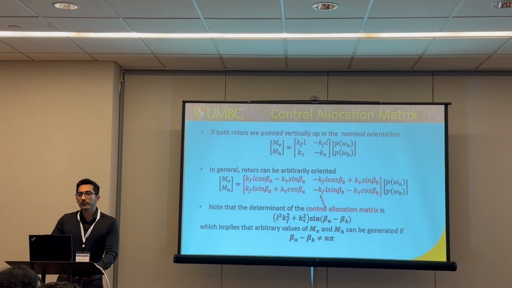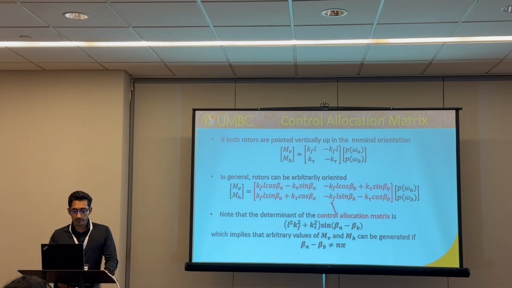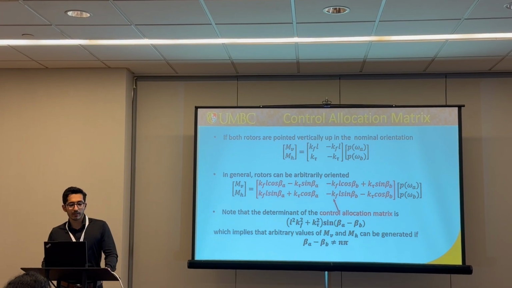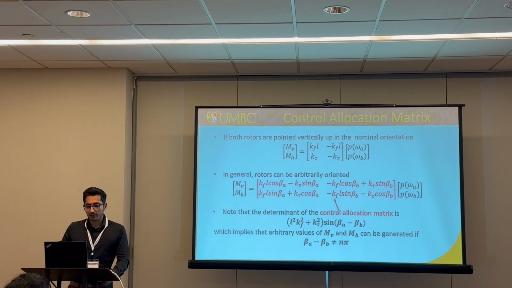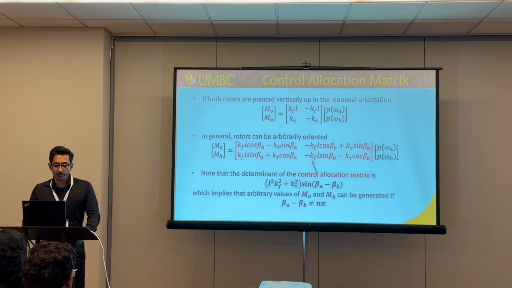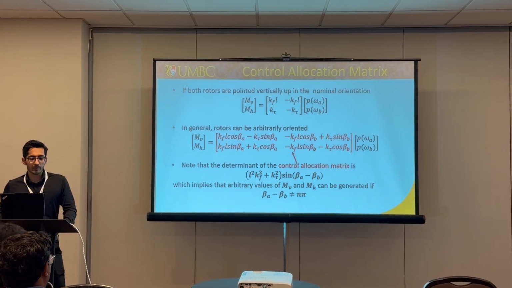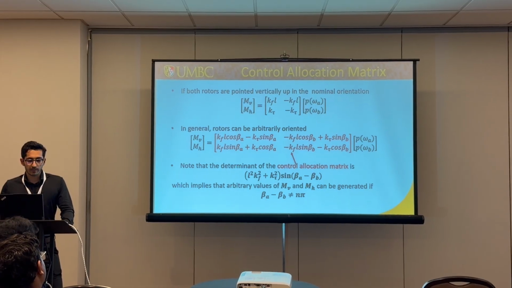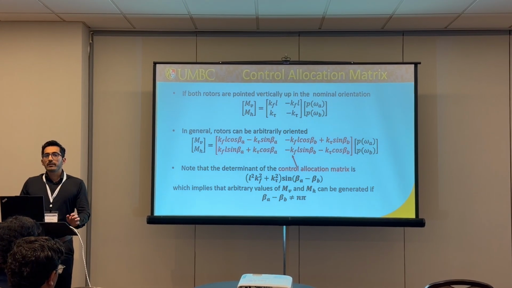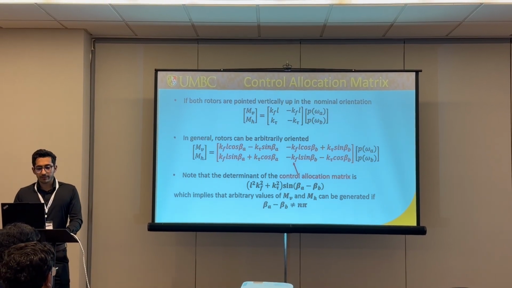If both rotors are pointing toward the vertical direction, this is the control allocation matrix for generating moments in the vertical and horizontal directions. With this control allocation matrix, we can generate moments in the vertical direction and the horizontal direction. But if we consider an arbitrary angle for the rotors with respect to the axis, this is the control allocation matrix that we get.